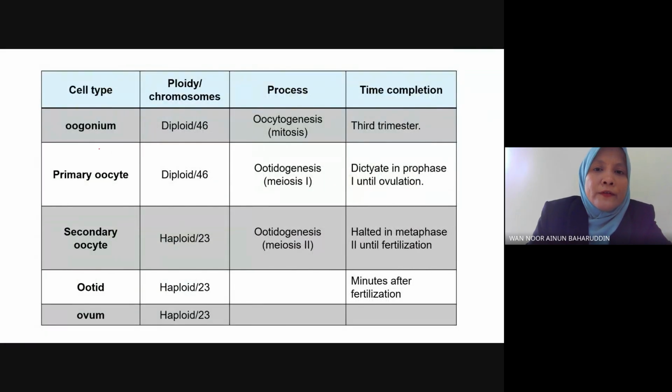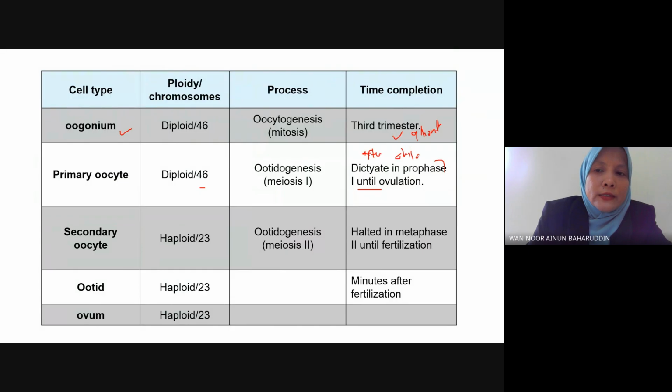So what are the differences between cell types, the process and time of completion? We have the oogonium, which is complete after the third trimester, meaning after 8 months of gestation. The primary oocytes also increase in number, in prophase 1 until ovulation, from after birth through childhood.